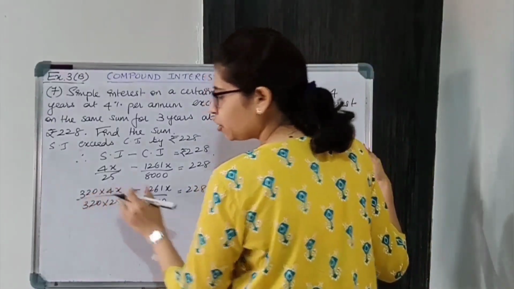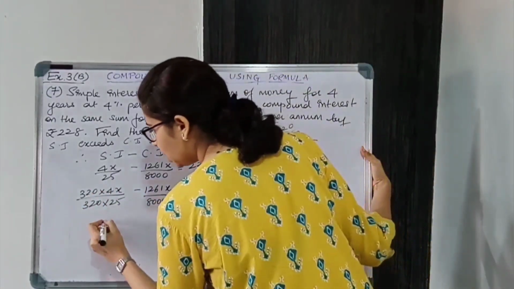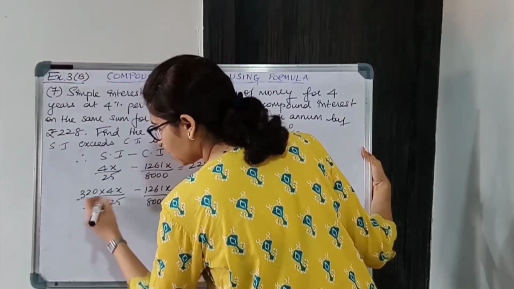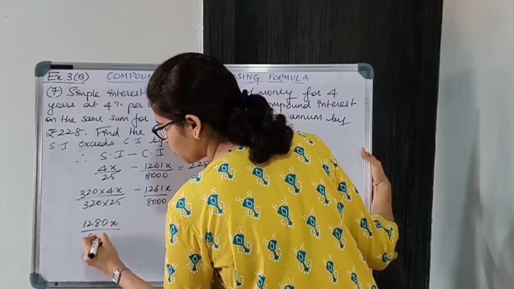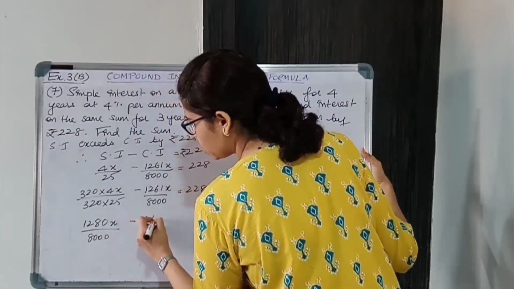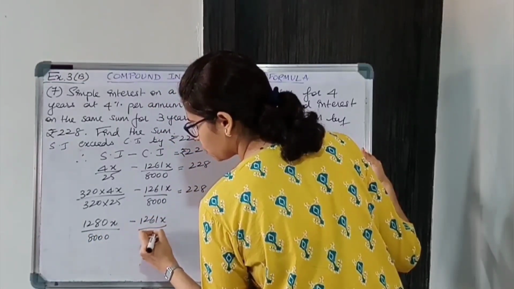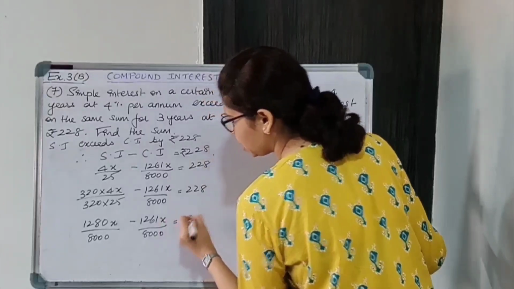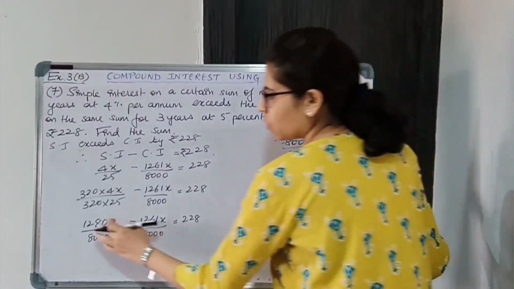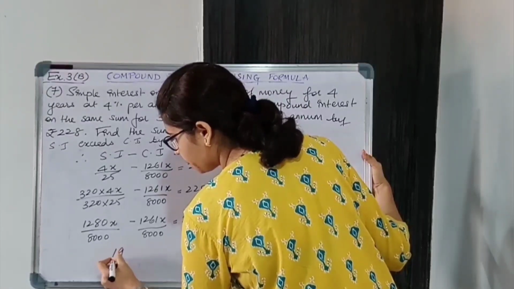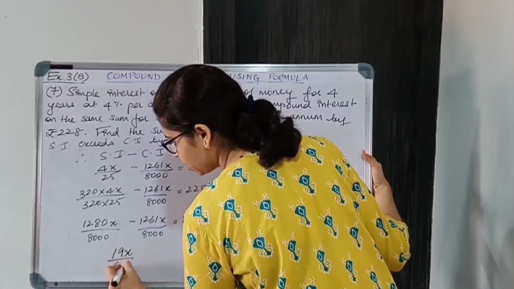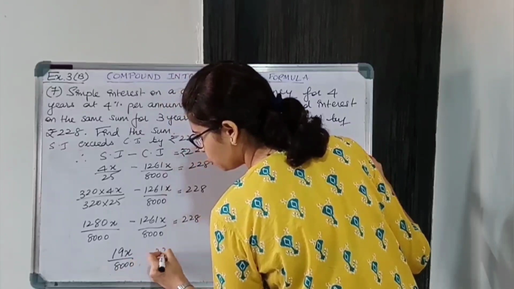Now 320 into 4, we'll get 4 twos are 8, 4 threes are 12. So 1280x upon 8000 minus 1261x upon 8000 is equal to 228. Now 1280 minus 1261, so we'll get 19x upon 8000 is equal to 228.